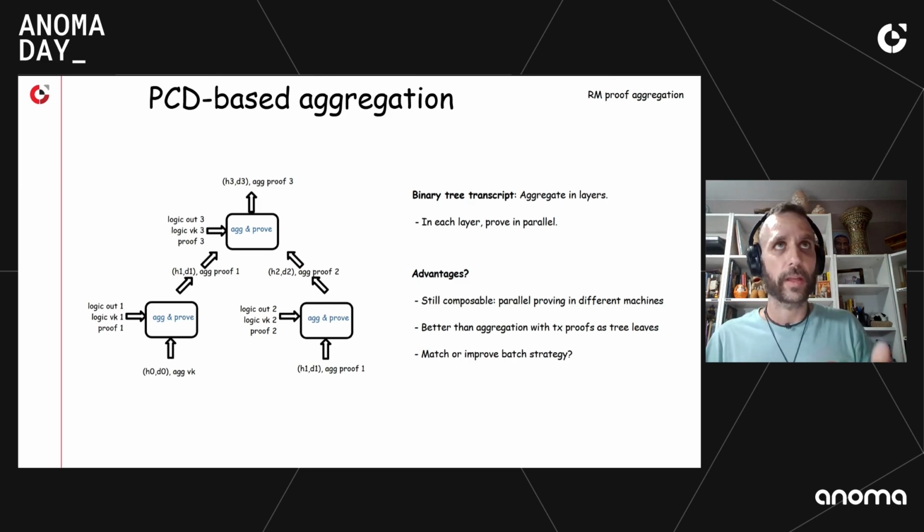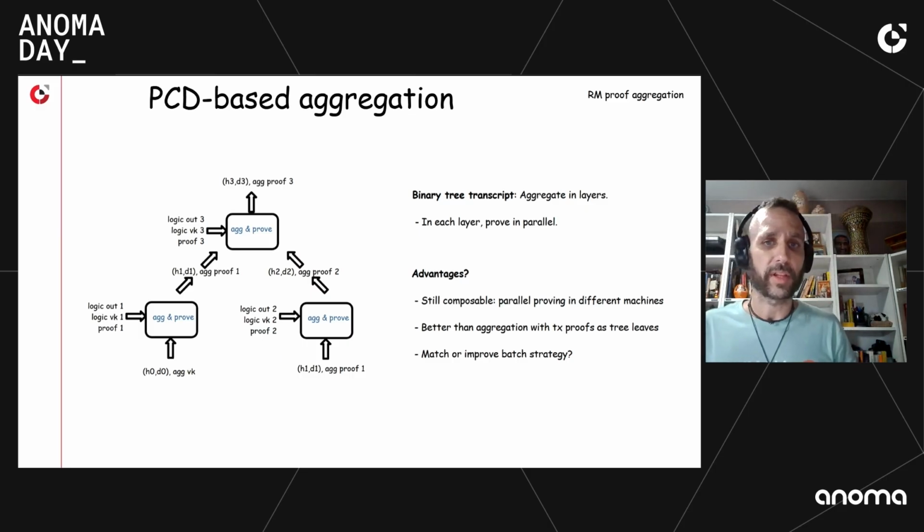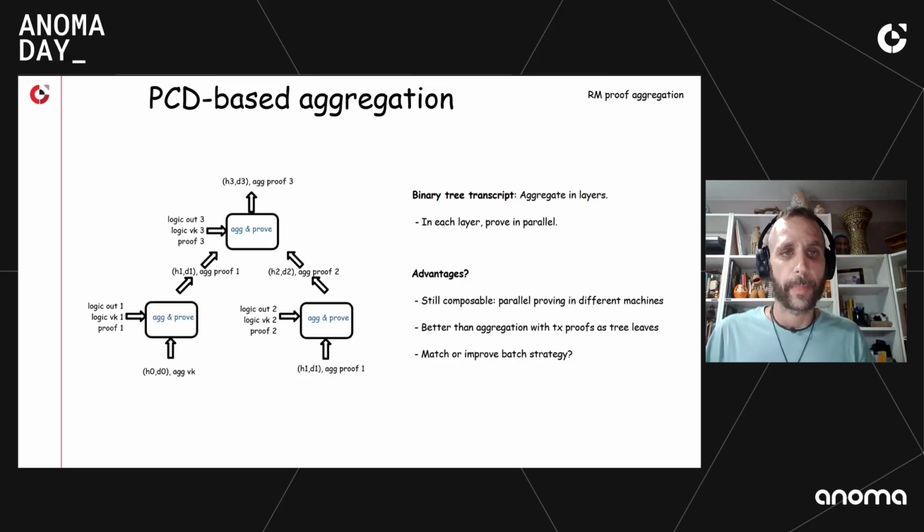Also, when we are talking about proving things in parallel, we can prove them on different machines, which is something we can't do with the batch approach. The PCD binary tree transcript that is depicted here is better than if we put all the transaction proofs as leaves of a tree and then aggregate them, because that would require twice the number of nodes for aggregation.